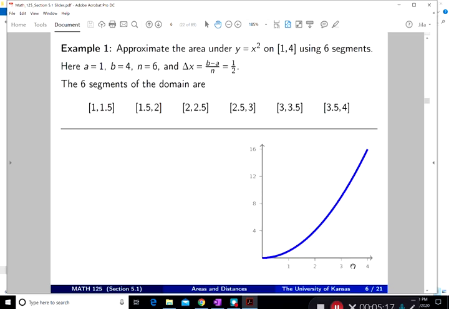So you start from 1, you add half, you get 1.5, that's the first interval. Then from there, 1.5 plus another half and you get 2, and all the way to the 6th line segment.